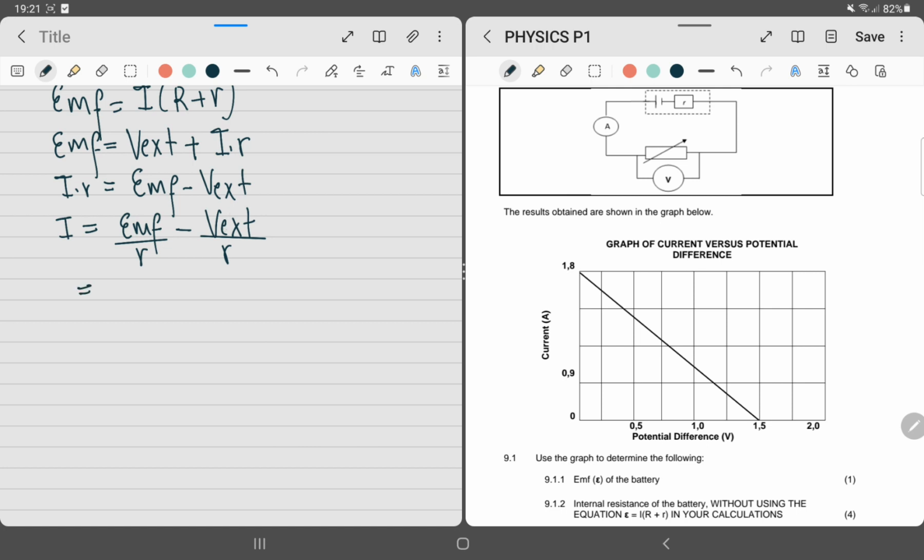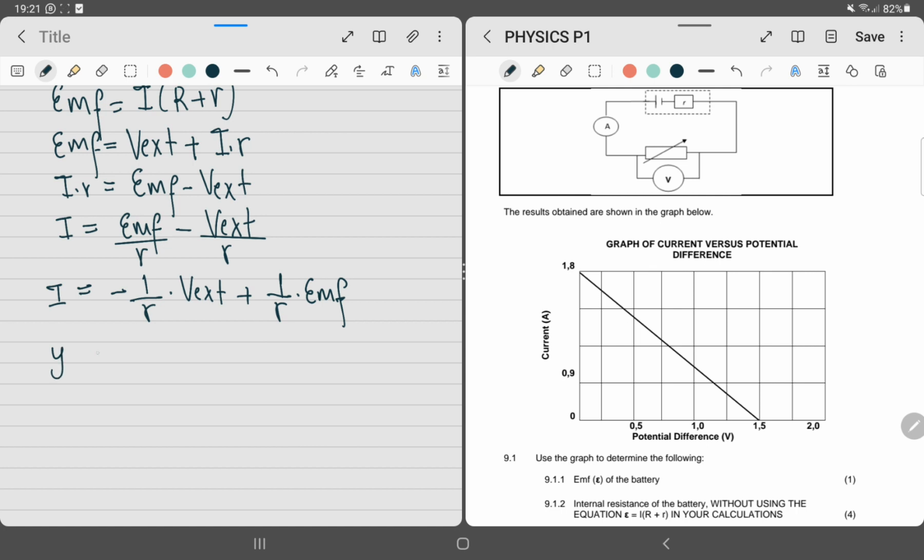V external is on the x-axis, that's where we have the potential difference. So let's fix this. That's going to be 1 over R multiplied by V external plus 1 over R multiplied by the EMF.